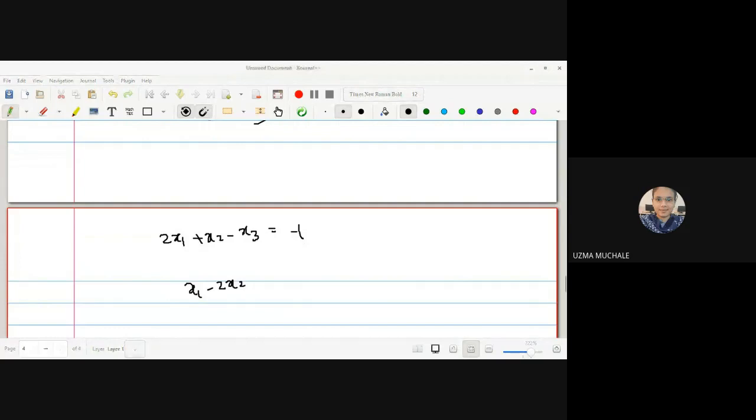The second equation is x1 minus 2x2 plus 3x3 equal to 9. Three x1 minus x2 plus 5x3 is equal to 14. Try to solve this example by using our Gauss-Seidel iterative method.